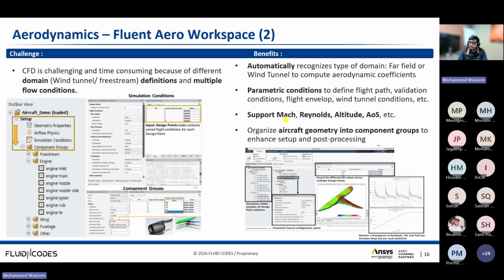So here the idea is you just run one case for all these and just do the parametric study. And finally, you can organize the aircraft geometry into different components, which improves both setup as well as post processing.